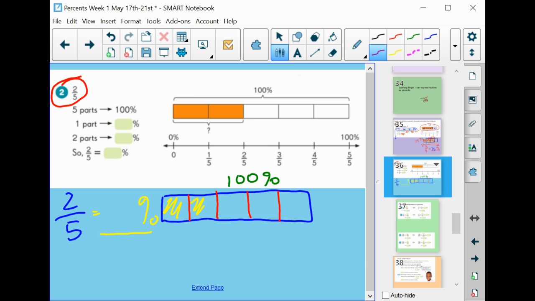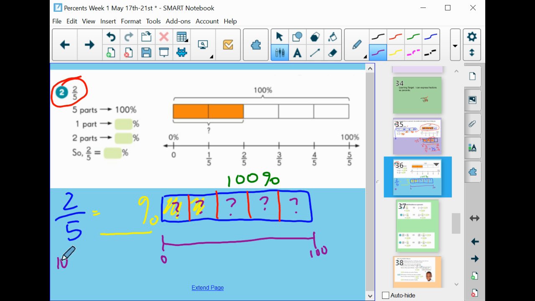Okay, now the way we can begin solving this is by asking ourselves, if this whole bar here equals 100%, how can I figure out the value of one of these pieces? Yeah, you can break up 100 by 5 or divide.